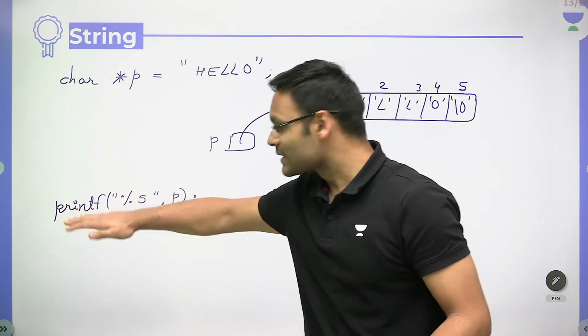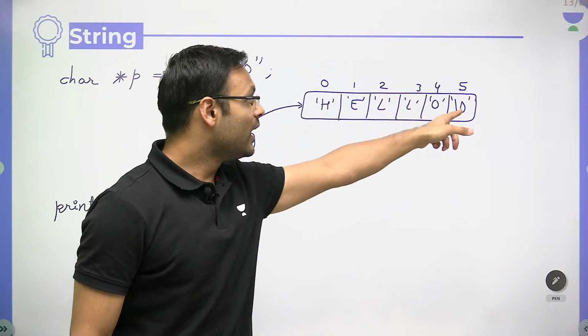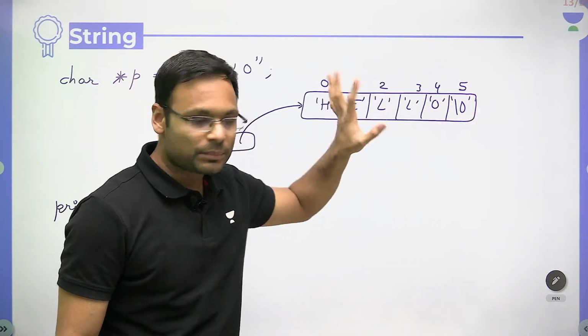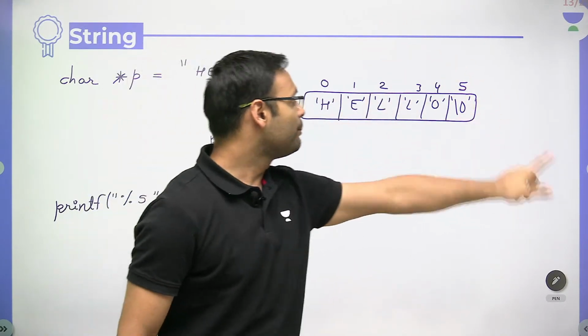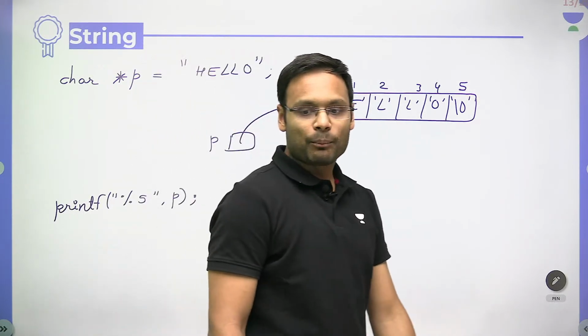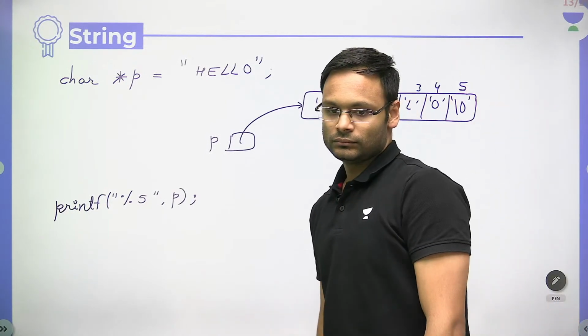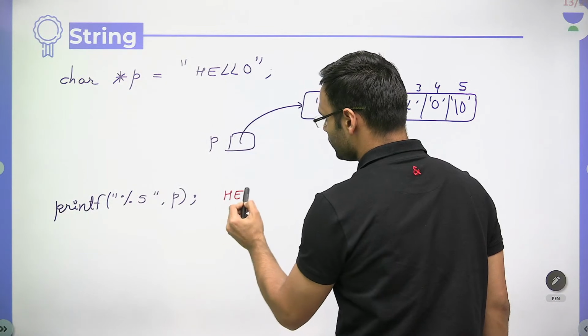String will be printed until you get the very first \0. जब तक आपको पहला \0 नहीं आ जाता, तब तक आप पूरा प्रिंट कर दोगे. तो यहां पे हेलो प्रिंट कर दोगे.